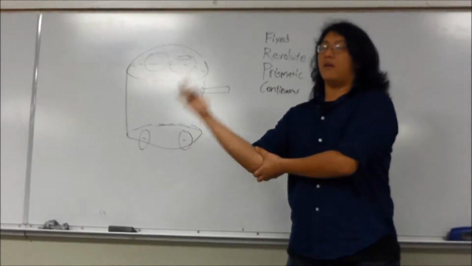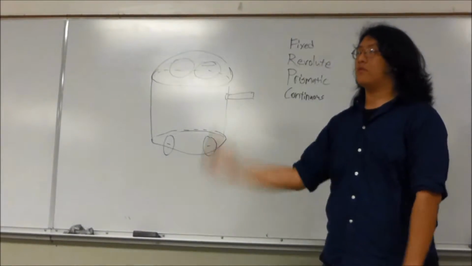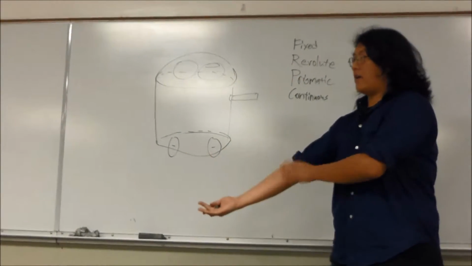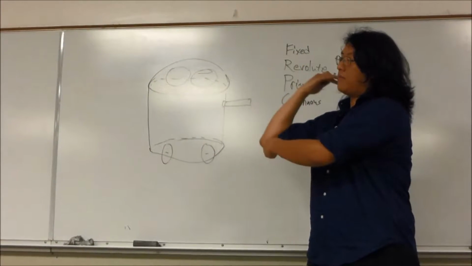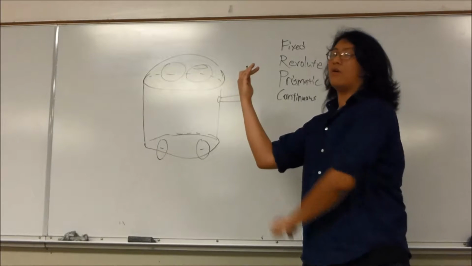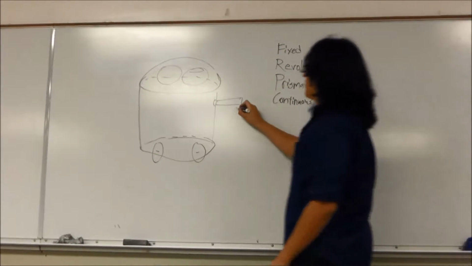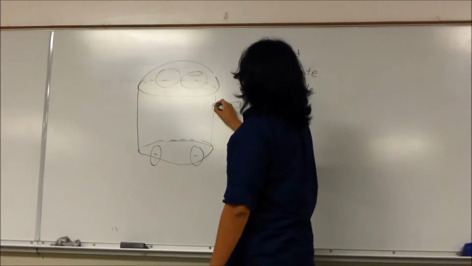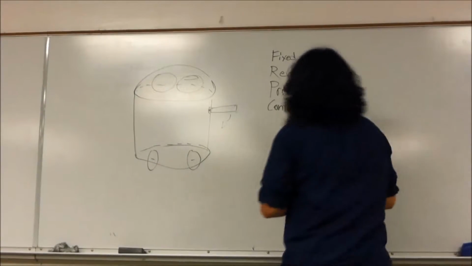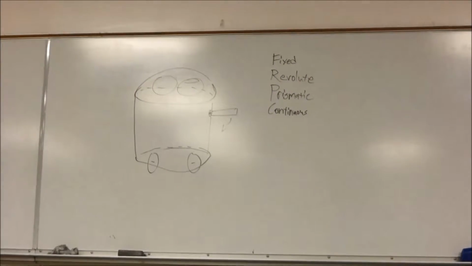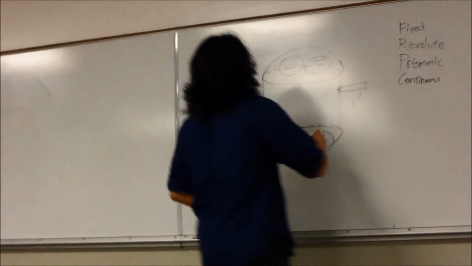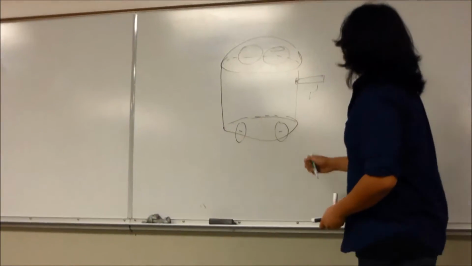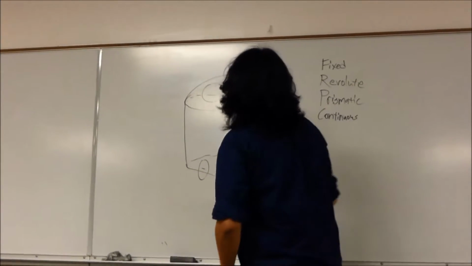My elbow here is a revolute joint, in a sense, where as I spin this joint along this axle into my arm, this portion of my arm rotates. And so here we're going to name our revolute joint. R2-D2 will probably have another one here where his head spins. It rotates along this axis.